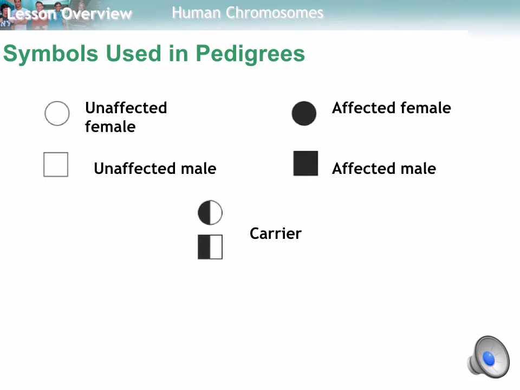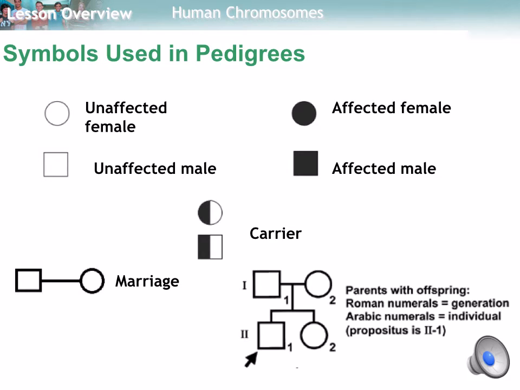You may also see a horizontal line between two individuals, and that means that they're married to each other. Sometimes you'll also see a vertical line that's coming from the married couple. And that vertical line will connect to other individuals, which will represent the kids, the offspring.